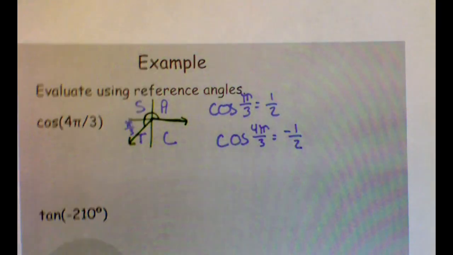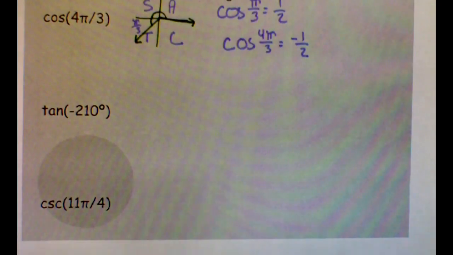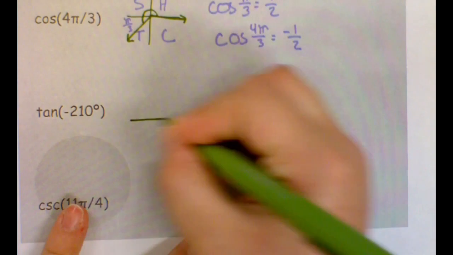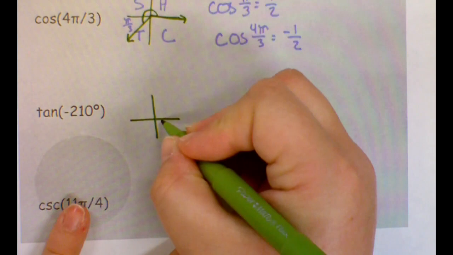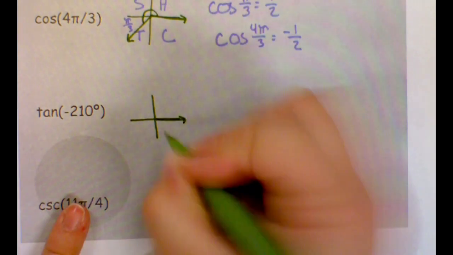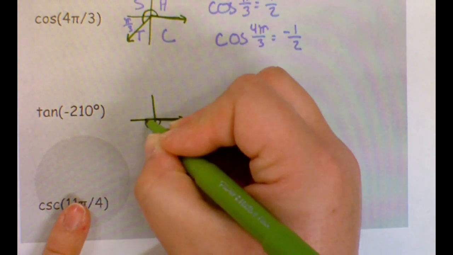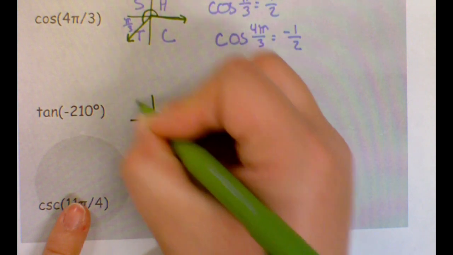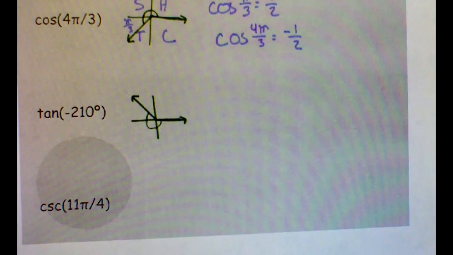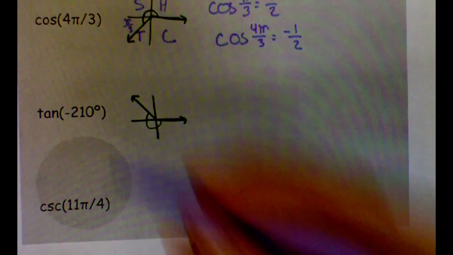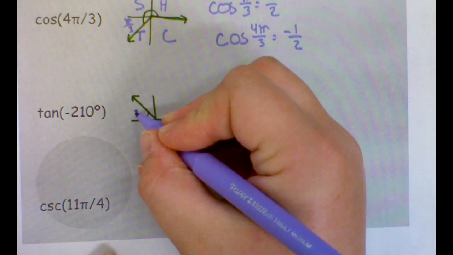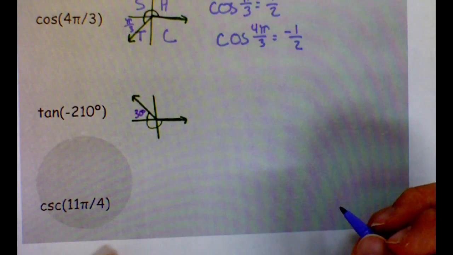This is a possibility. So tangent of 210 degrees. First of all, let's think about where's 210 degrees. Let's see here. This is the positive x-axis. This is negative 180, and then 210. So my reference angle would be how far past 180 I went, and I would have gone 30 degrees past 180.